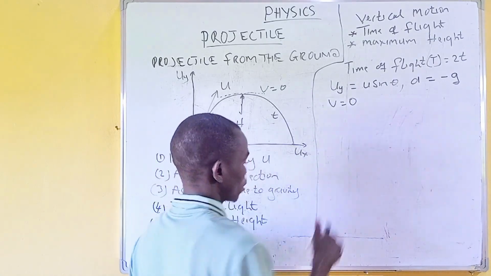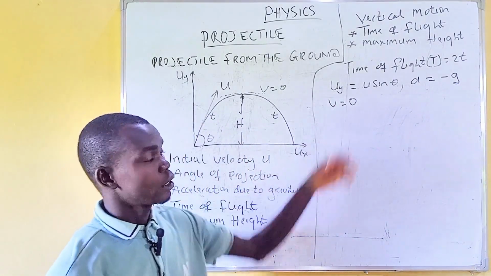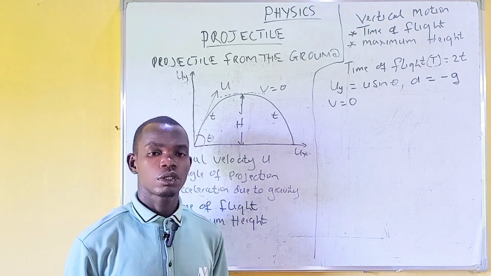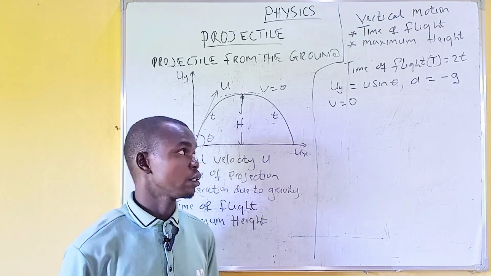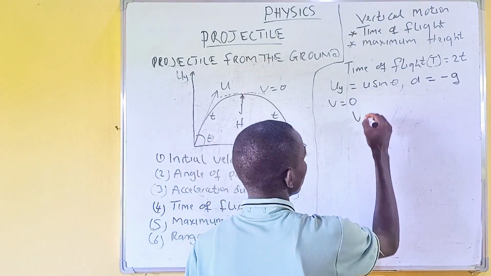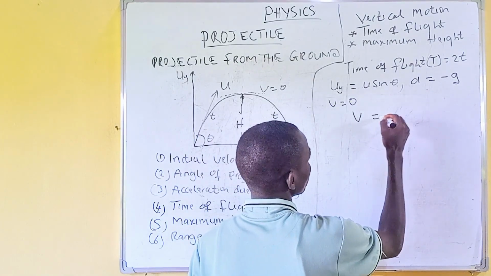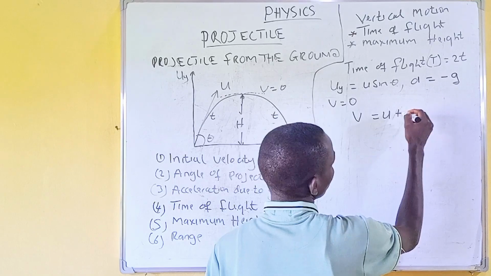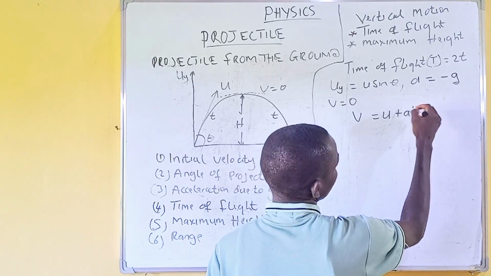If you consider this using the equation of motion under gravity, we will use this equation to find the time of flight, which is v equals u plus at.